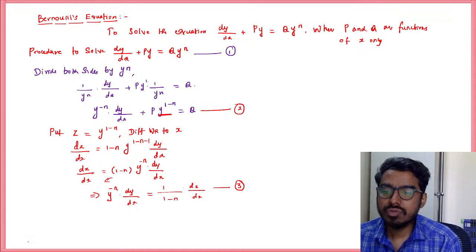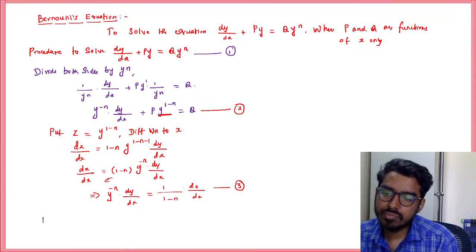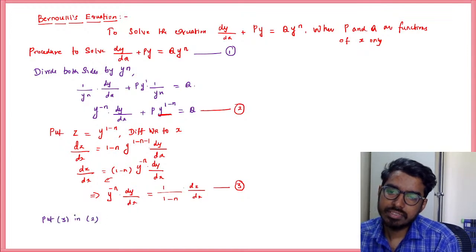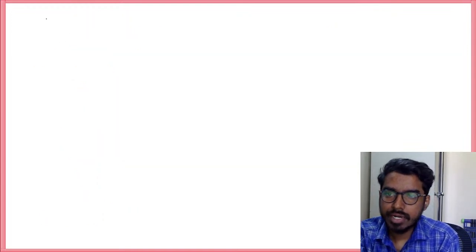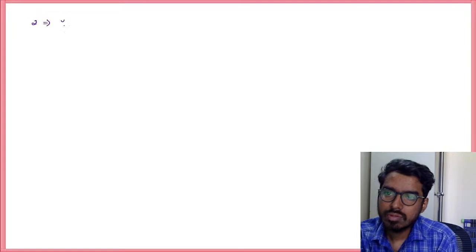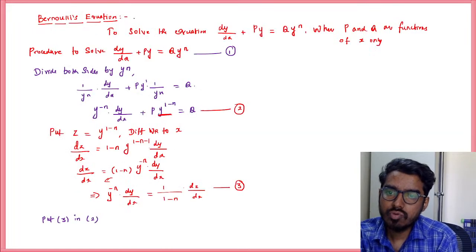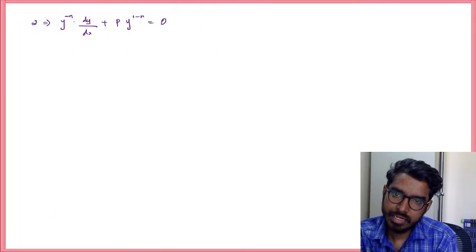Now substitute 3 into equation 2, in place of y power minus n dy by dx. So what is 2? y power minus n dy by dx plus p into y power 1 minus n is equal to q.